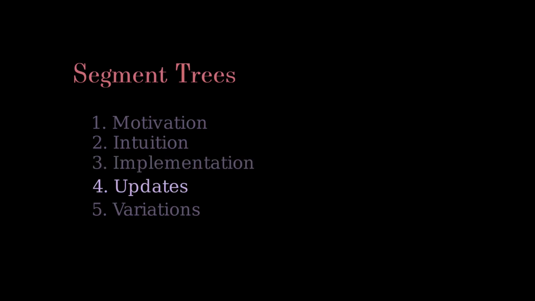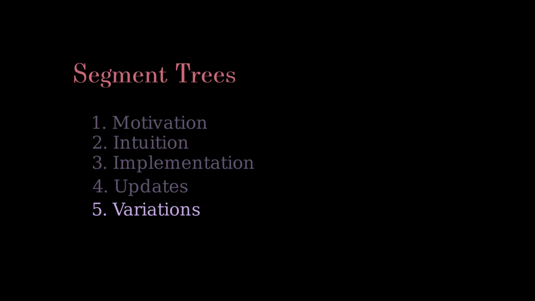Afterwards, we will tackle updates, and by then you will be aware that segment trees allow for updates, both point updates and range updates, and we will see how we can handle both types, especially by using lazy propagation. And finally, we will introduce other kinds of segment trees.